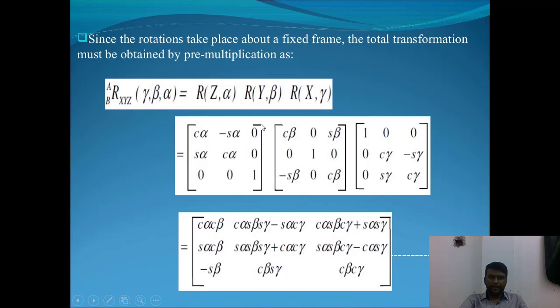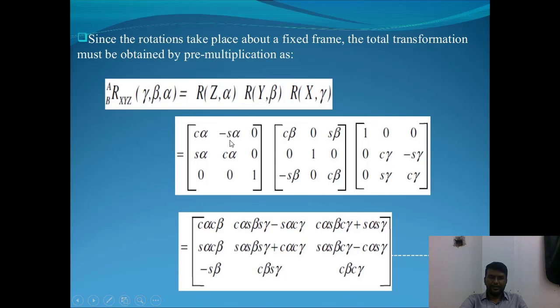And we find out the rotation matrix. So this is the rotation matrix: cos alpha, sine alpha, cos alpha. C here is cos, S here is sine. This is the rotation about the z-axis, this is the rotation about the y-axis, and this is the rotation about the x-axis.